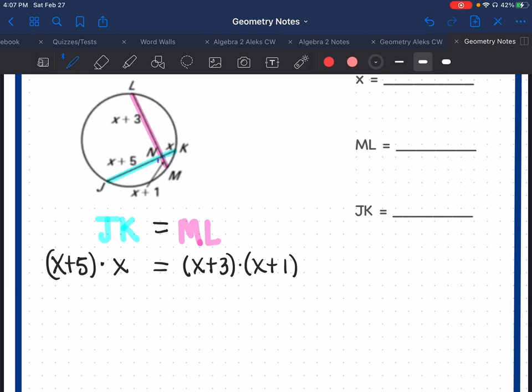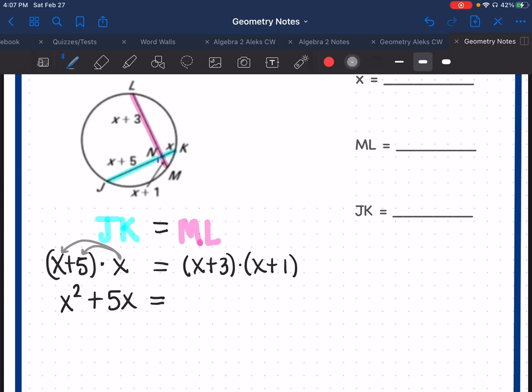I'm going to multiply next. Now, for JK's side, the blue side, all I need to do is distribute. We would typically see the X times X, or X squared term first, and then the 5 times X, or the 5X term second.